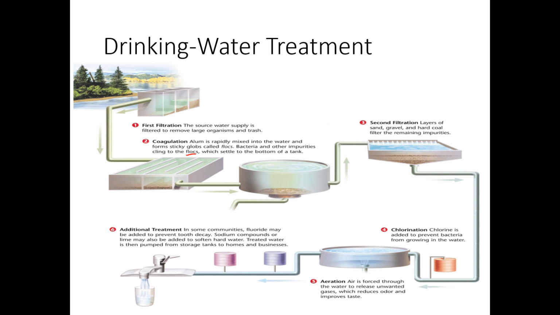Then step four is chlorination, where you really remove a lot of those pathogens. If you add the right amount of chlorine to the water, you don't really harm humans, but you can kill the bacteria and the pathogens that you don't want in your water.